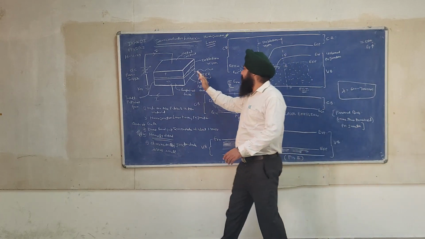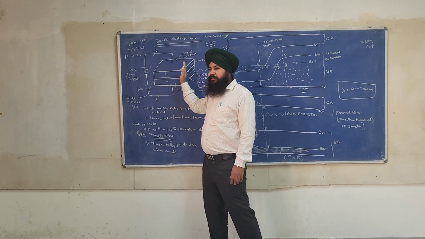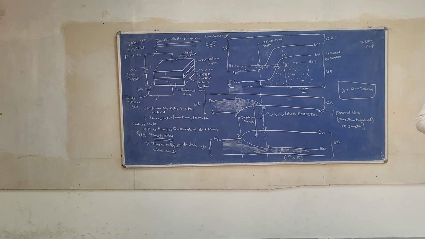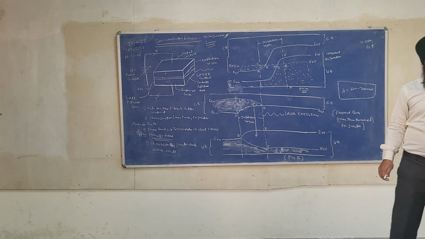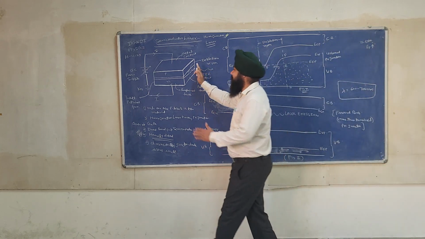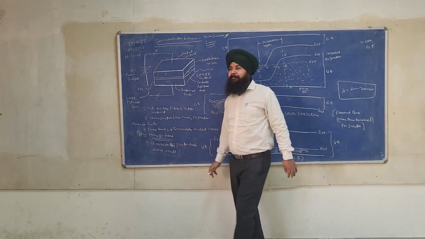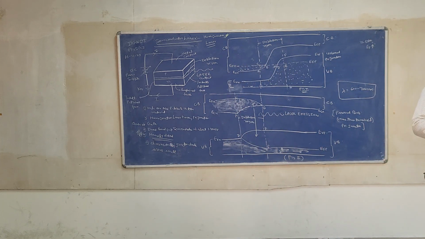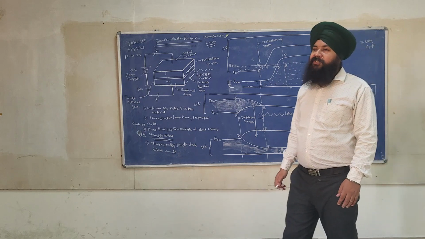These two faces, which are perpendicular to the junction plane, one is polished and another is partially polished.